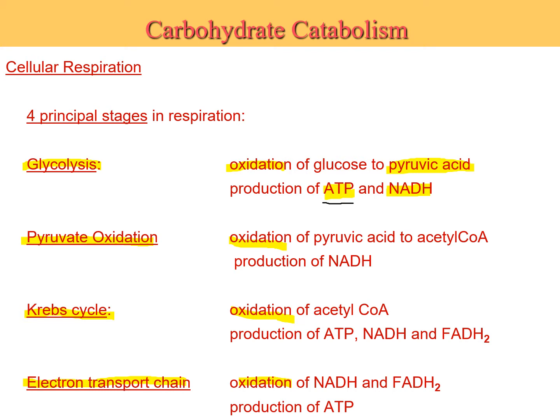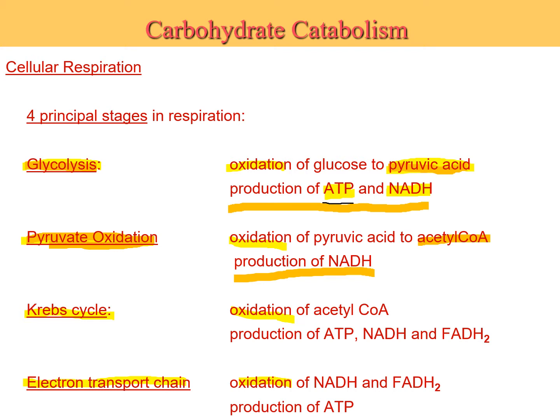And then that pyruvate or pyruvic acid undergoes oxidation. So first we have glycolysis, producing pyruvic acid, and also in terms of energy, ATP and NADH. And then the pyruvate undergoes oxidation in pyruvate oxidation to form acetyl-CoA, and in terms of high energy compounds, more NADH.